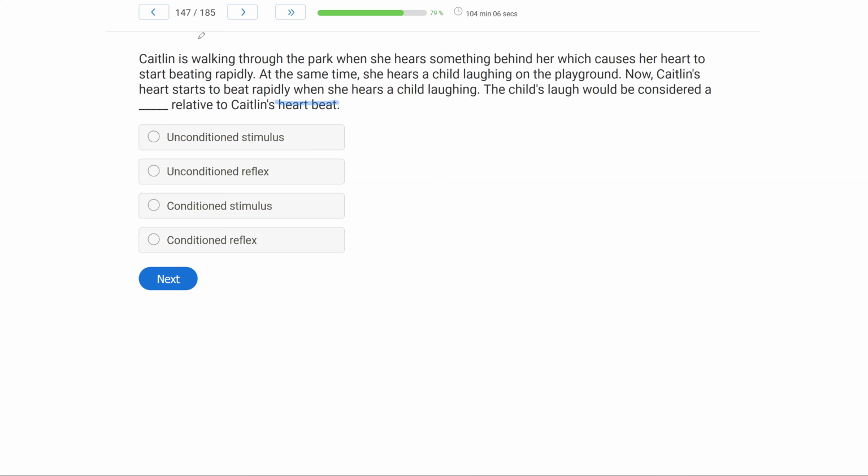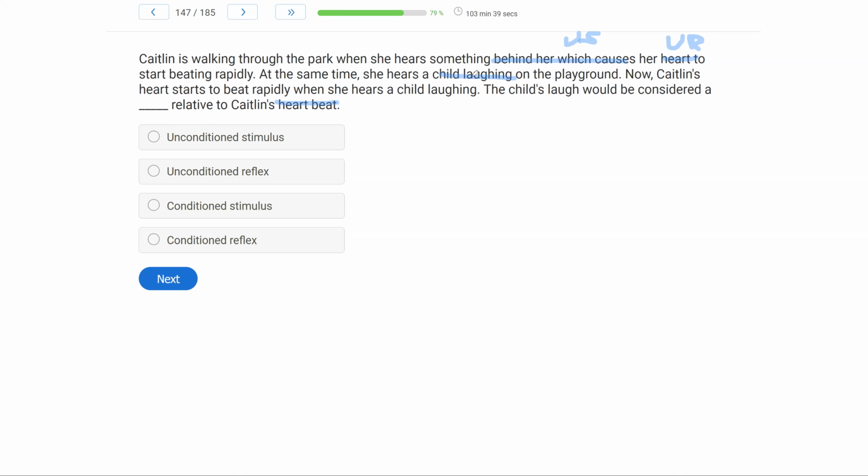So let's break it down, right? Caitlin is walking through the park. She hears something behind her, which causes her heart to start beating rapidly. So in this case, let's call this something behind her the unconditioned stimulus. We'll call heart beating rapidly the unconditioned reflex. At the same time, she hears a child laughing. Now, Caitlin's heart starts to beat rapidly when she hears a child laughing.